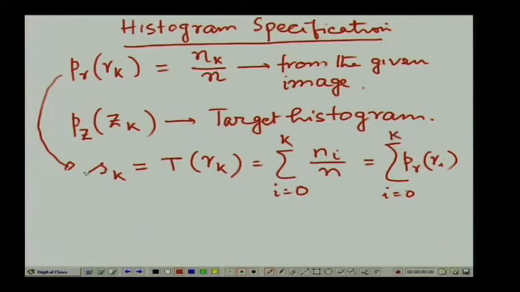This is a transformation function computed from the histogram p_r(r_k), which is obtained from the given image.